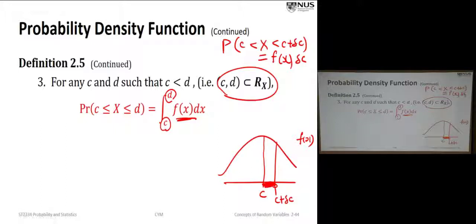Or you can consider this as the probability that X falls within this range.